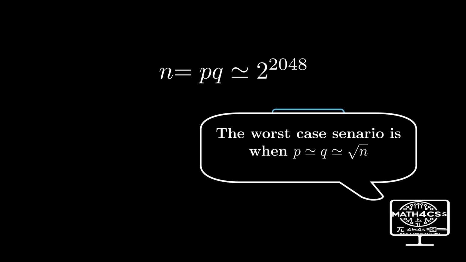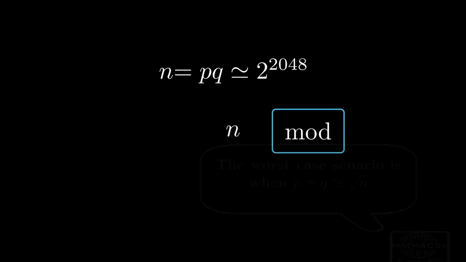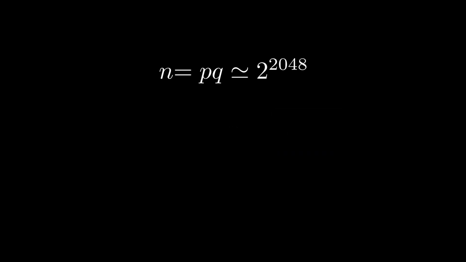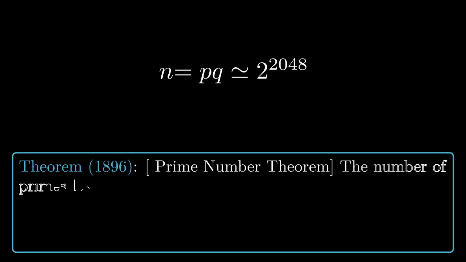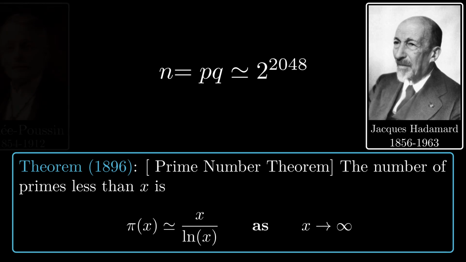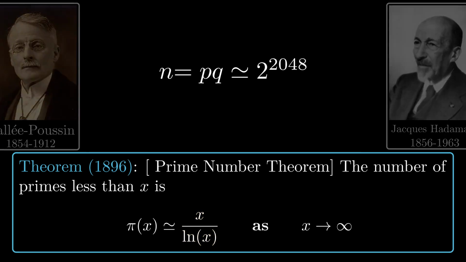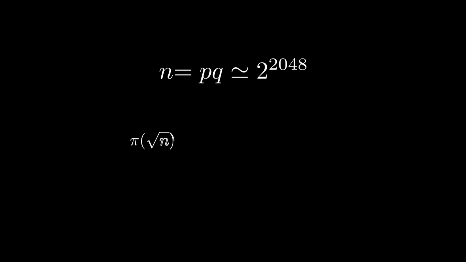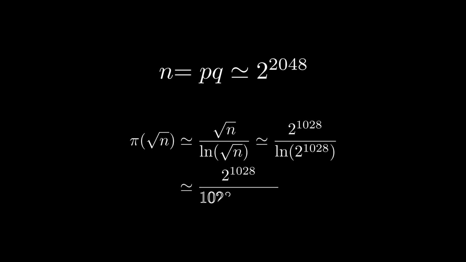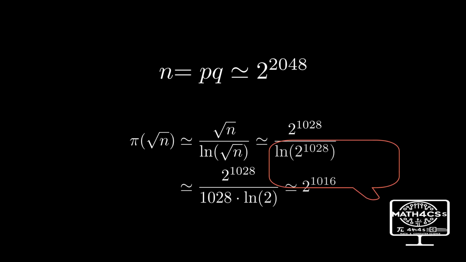Even if we know all the primes, which will take more than the factorization itself, we need to try all the primes up to the square root of n. The prime number theorem tells us that the number of primes up to the square root of n is about √n over log n. If n is equal to 2 to the power 2048, this is about 2 to the power 1000 operations, and this takes decades for a computer to do.